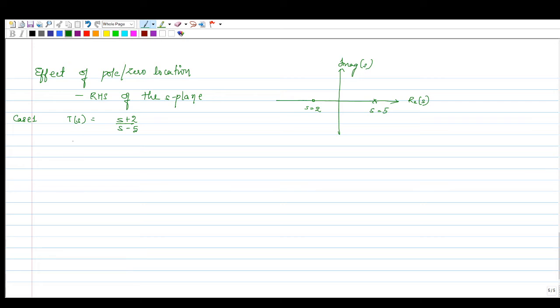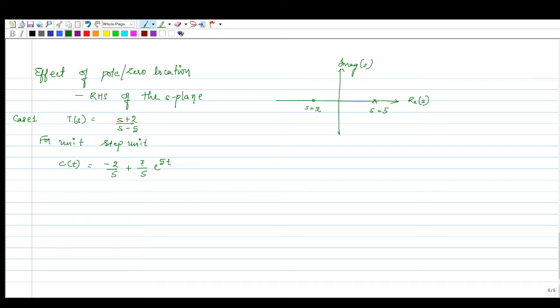Now for a unit step input, the response C of t, by following the normal procedure, is minus 2 by 5 plus 7 by 5 e to the power 5t.